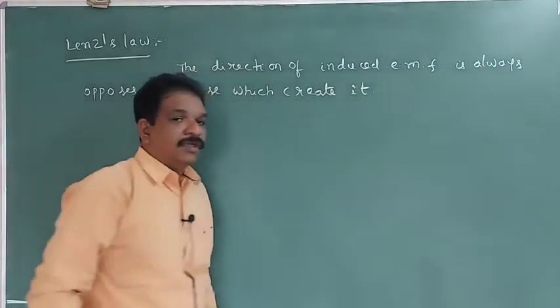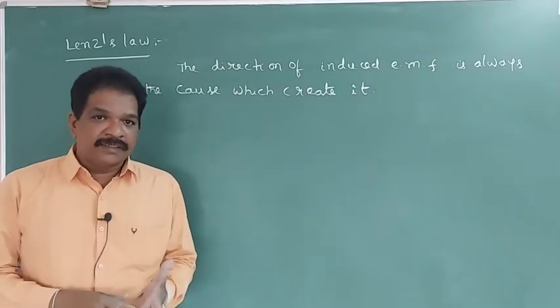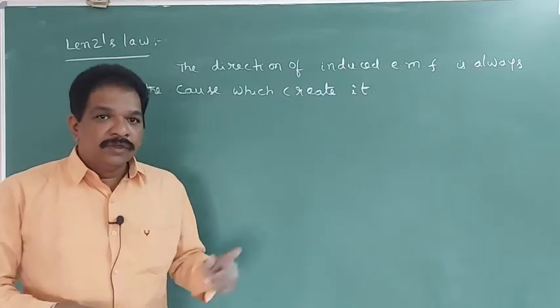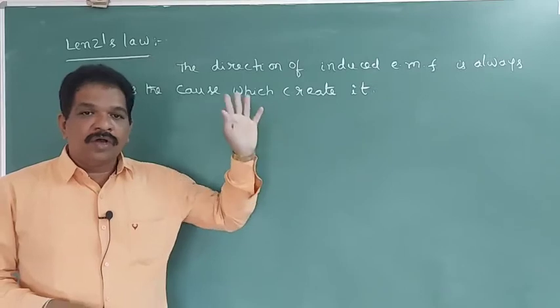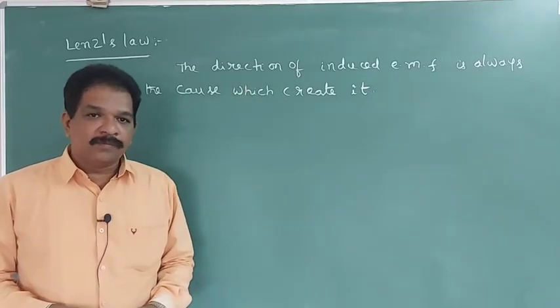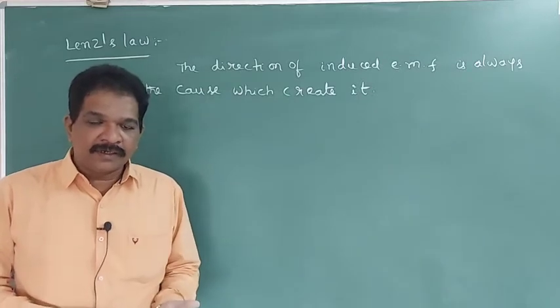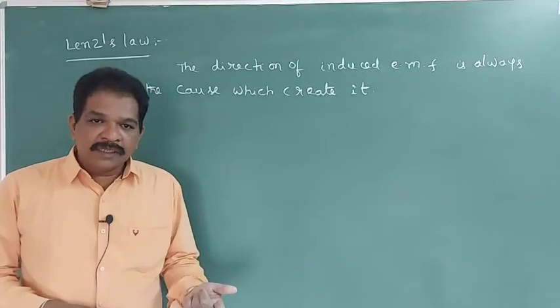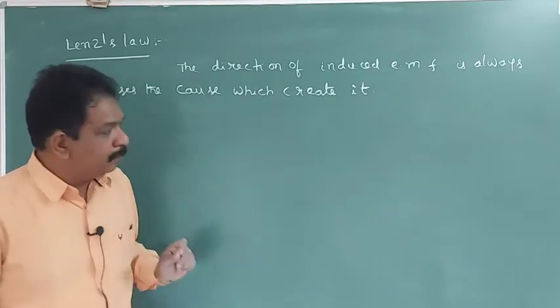What is the meaning of this? Because of which reason EMF is induced, this EMF will try to oppose that reason. Point is clear? Because of which reason this EMF is created, this EMF will try to oppose that reason. What is the meaning of this?